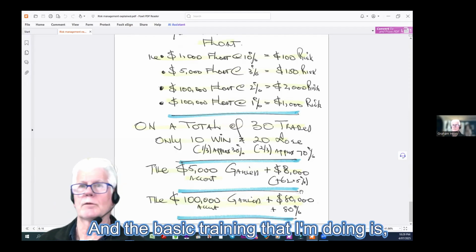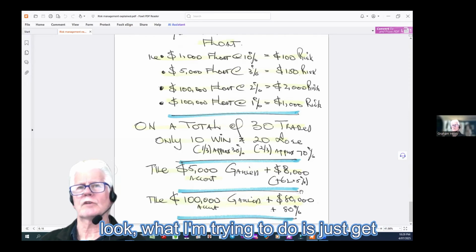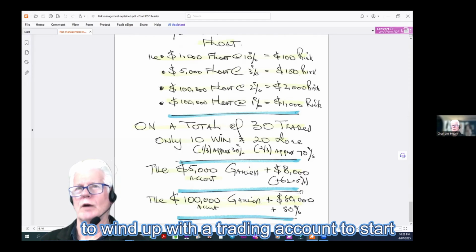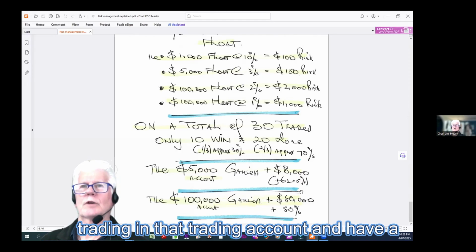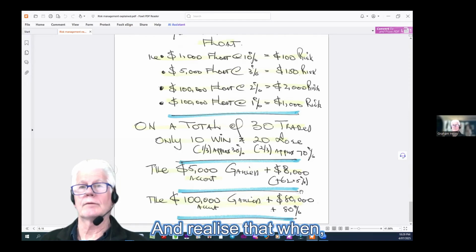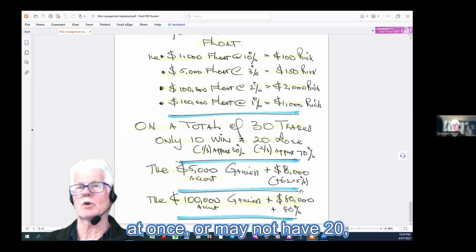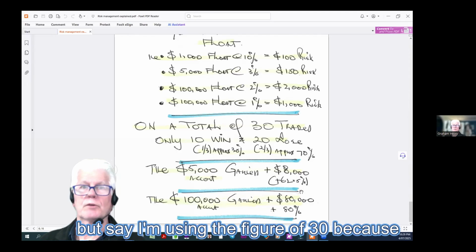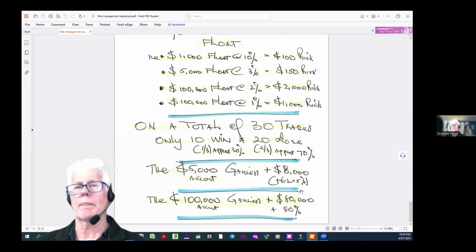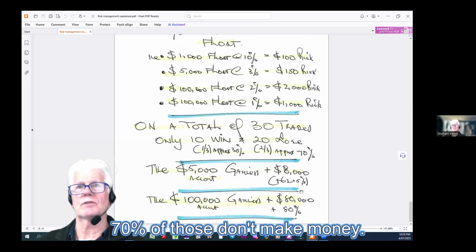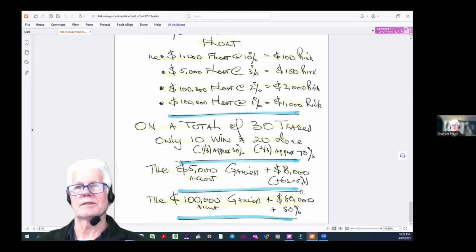The basic training that I'm doing is, what I'm trying to do is get people who've got a moderate amount of money to wind up with a trading account, start trading in that account and have a couple of wins, and realize that when you've got, as I say, 30 trades at once, I'm using the figure of 30 because that's exactly what I've got in my account, you're not going to freak out if 70% of those don't make money, but 30% of them do, and they make a reasonably substantial amount of money.